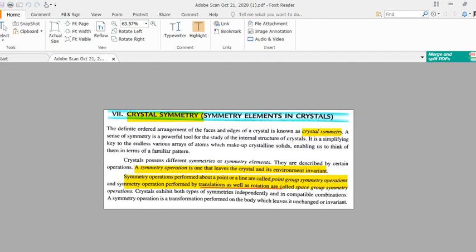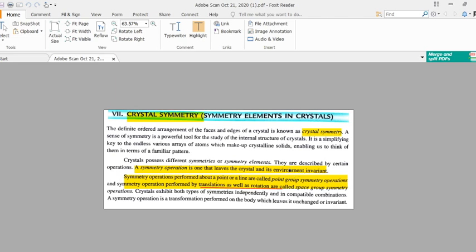So, in the next topic, that is symmetry. The first question that arises is, what does symmetry mean? What does crystal symmetry mean? Symmetry means that when you do some kind of operation on a crystal, it should not be noticed by the observer.